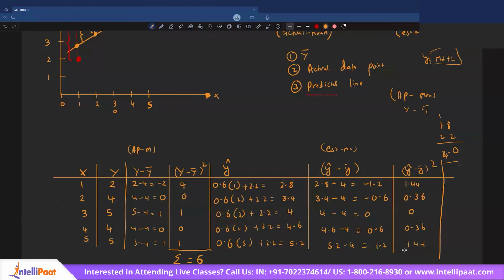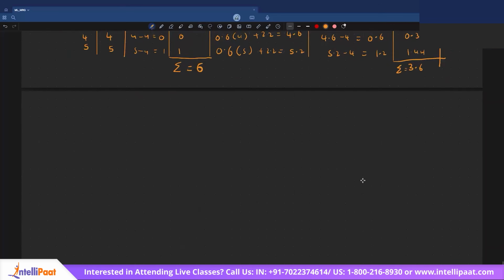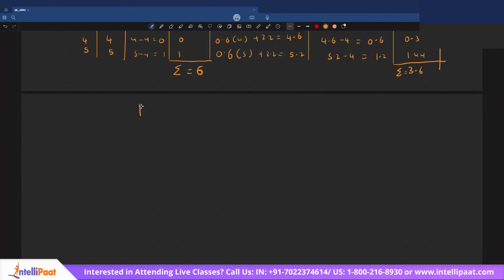Now what do we do? If I sum the numbers, what answer do I get? Is the summation going to be 3.6, everybody? That's good. Once you have calculated this, your R square formula is very, very simple.